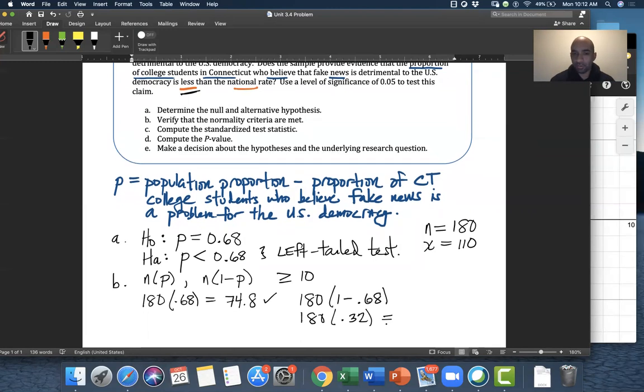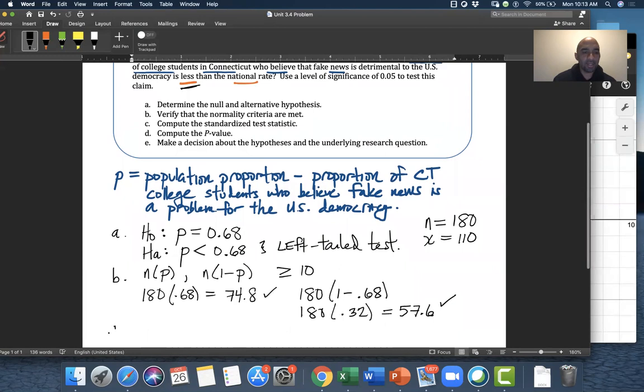So both of these conditions are met, so we can proceed with the hypothesis test. The conditions are that the sample size, n, times the assumed population proportion, and the sample size times the complement of that, 1 minus p, both of those products have to be at least 10.